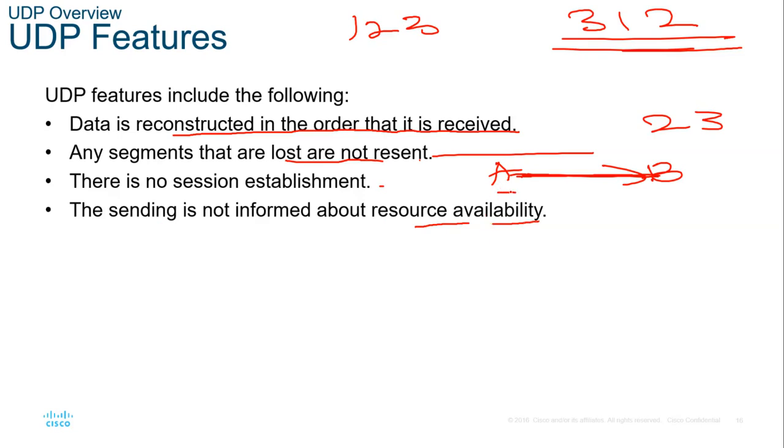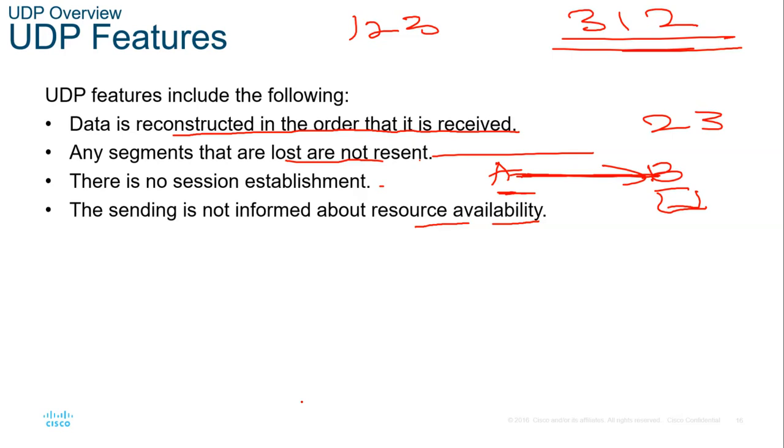Since there is no session establishment, A won't be able to tell whether the receiving device has enough resources, like enough RAM, enough processor. It won't tell, it will just send. If the receiver can't manage, it will receive but it's not going to process the data.